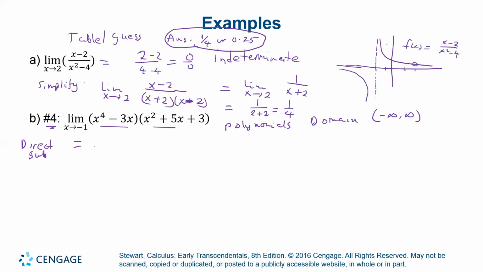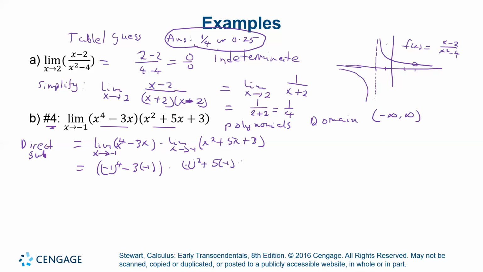So this is equal to the limit as x goes to negative 1 of x to the 4th minus 3x, times the limit as x goes to negative 1 of x squared plus 5x plus 3. Direct substitution gives negative 1 to the 4th minus 3 times negative 1, times negative 1 squared plus 5 times negative 1 plus 3.